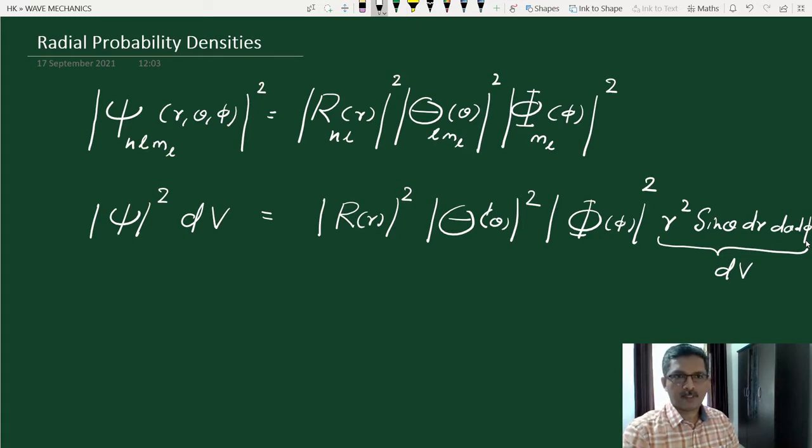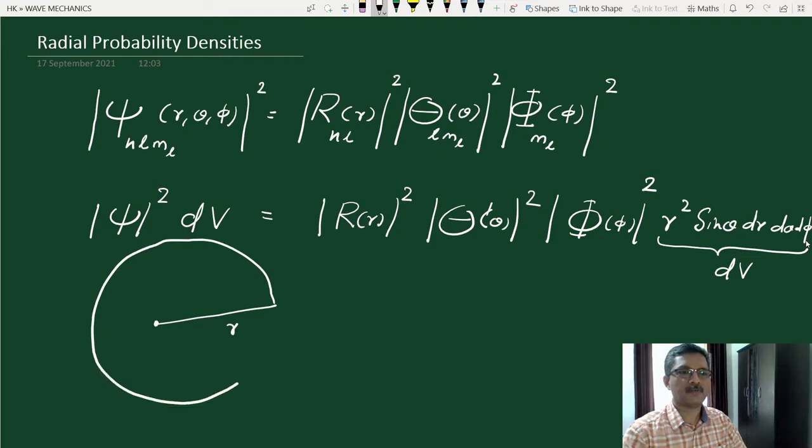Okay. Now suppose our aim is to find the probability of finding the electron at a distance. Let us say, suppose this is the position of the nucleus. Consider a radial distance r from the nucleus, and we can think about a spherical region of radius r.